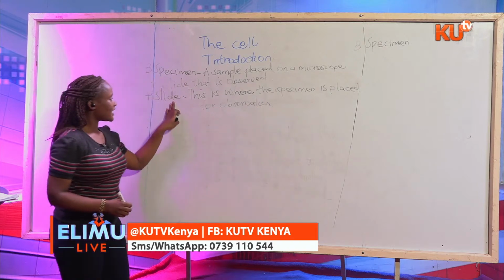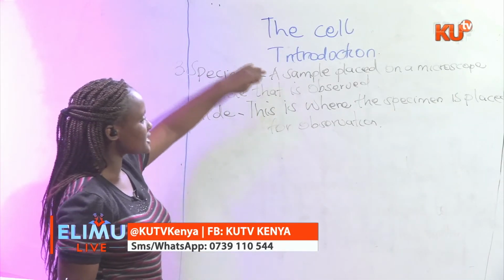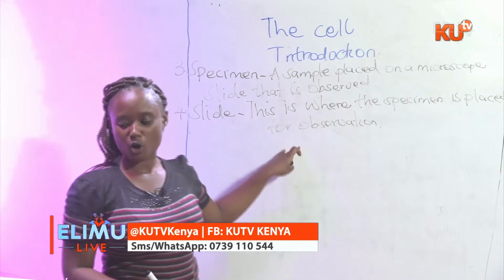So the slide is the place where the specimen, the sample, is placed for observation.